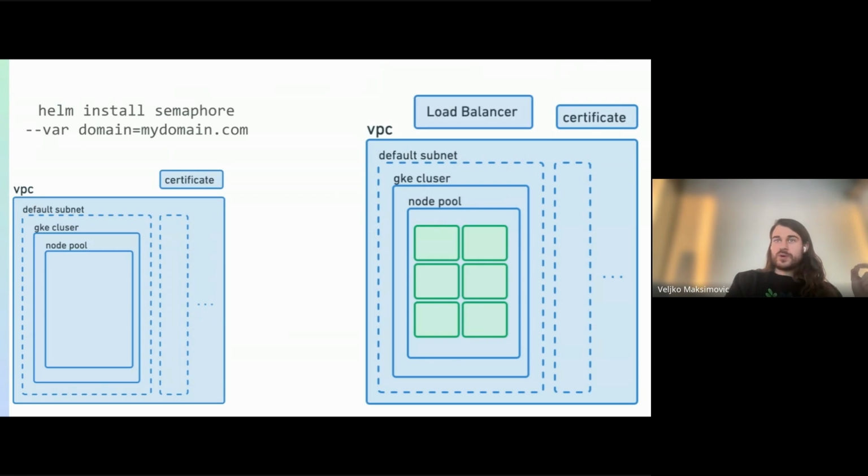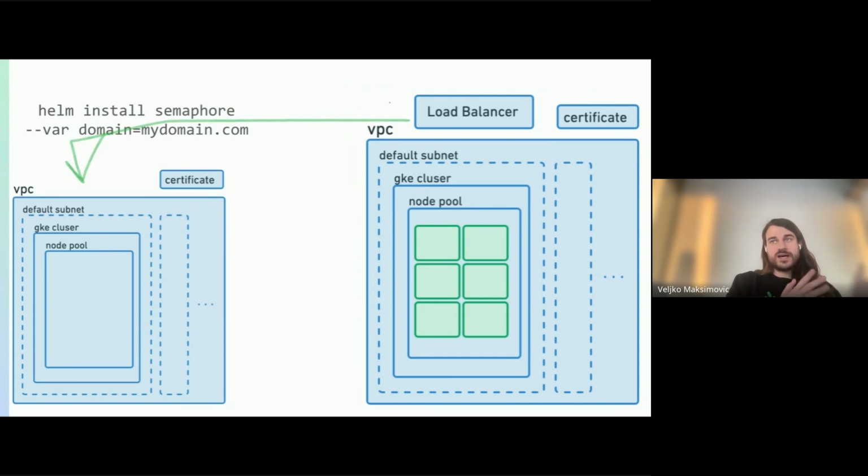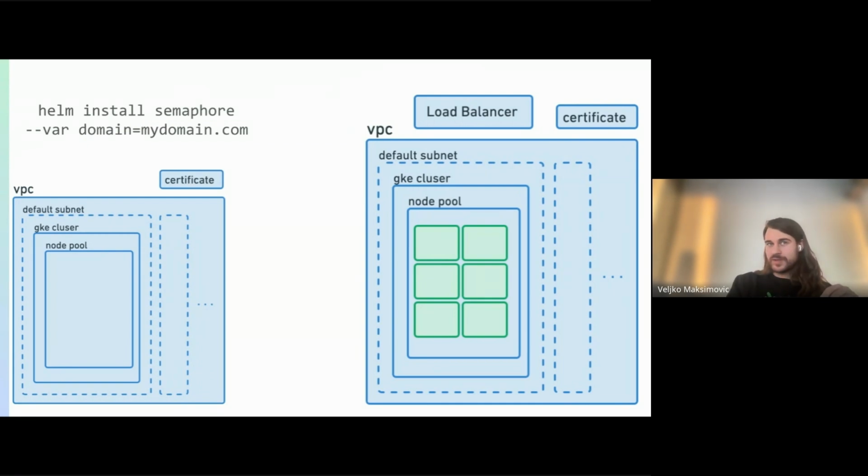The reason why it is here on the right and not on the left is because it won't be provisioned ahead of time. It will be created during the installation. How does it work? Once you actually run Helm install, a bunch of Kubernetes YAMLs are applied that will define all of the resources within the node pool.